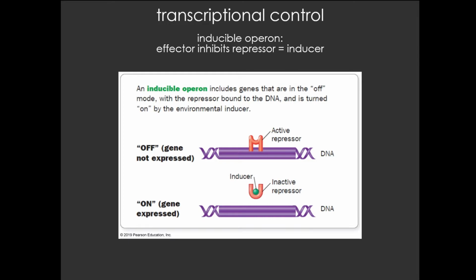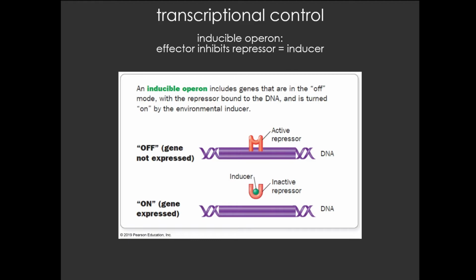It says off. The gene is not being expressed because an active repressor is bound to the operon at the operator position. So notice that active repressor kind of looks like the letter M. The legs of the letter M would be the active site of that protein, one that binds the operator, and the top of the M, sort of that U shape, would be the allosteric site, where some other molecule can bind to that and change the shape of the receptor, or excuse me, the repressor.